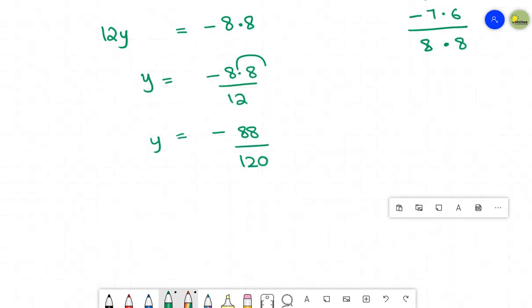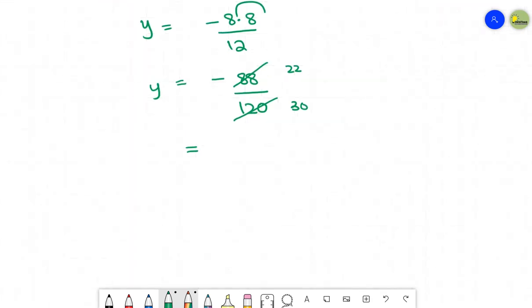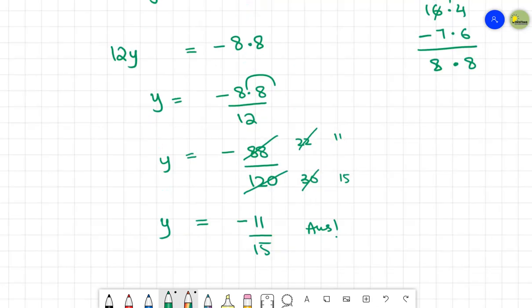You can cancel 88 and 120 together by the table of, let's suppose, 4. 4 22s are 88 and 4 3s are 12, 4 30s are 120. If I further cancel it, then 2 ones are 2, 2 ones are 2, and 2 15s are 30. So the answer of y will be minus 11 upon 15. This is going to be the answer.